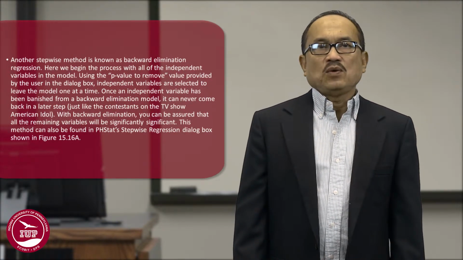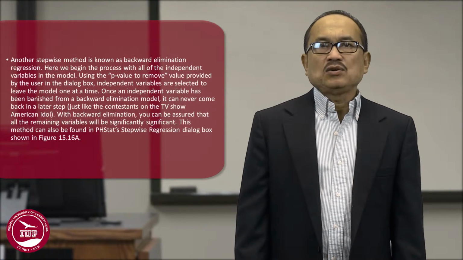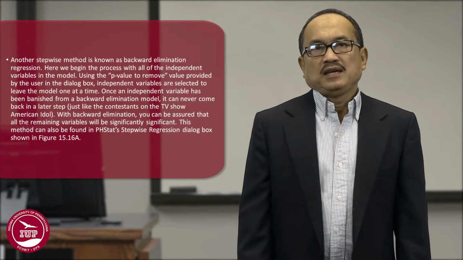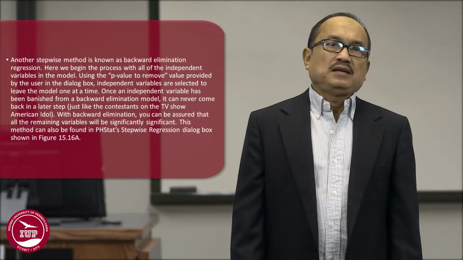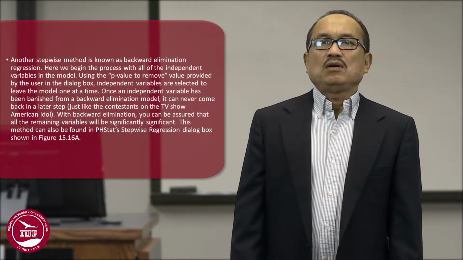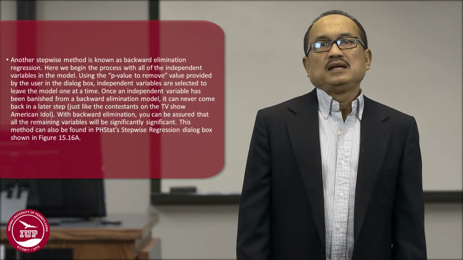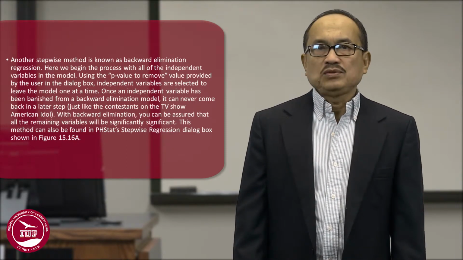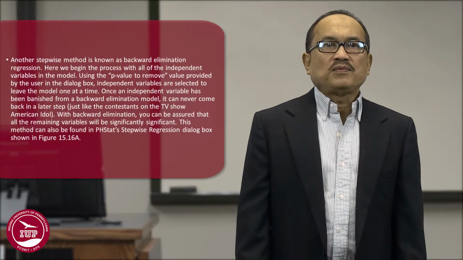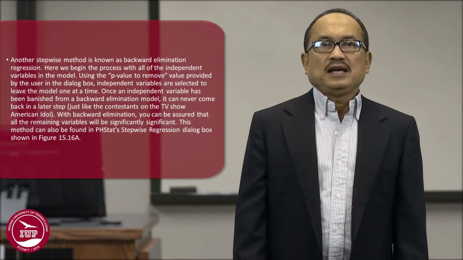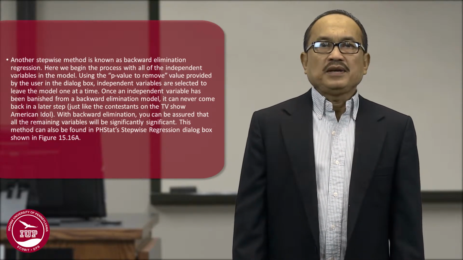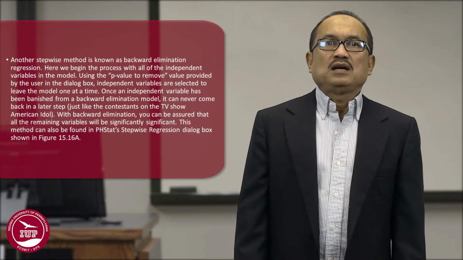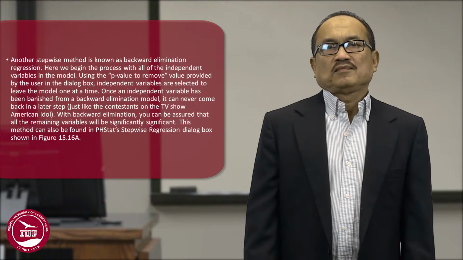Another stepwise method is known as backward elimination regression. Here, we begin the process with all of the independent variables in the model. Using the p-value to remove value provided by the user in the dialog box, independent variables are selected to leave the model one at a time.